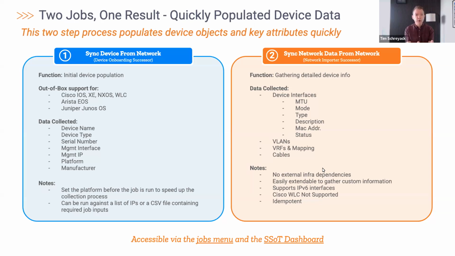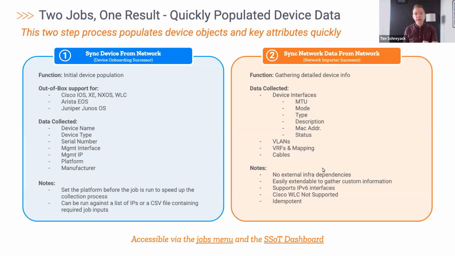These are the things that we can collect from the device during that process: its name, its device type, its serial number, management IP, the platform, manufacturer, et cetera. This allows us to get that list. And now we're moving on to actually collecting information from those devices. So here we're saying, can I get all of the details? The device interfaces, as I mentioned earlier, the VLANs, the VRFs, those extra pieces of information.